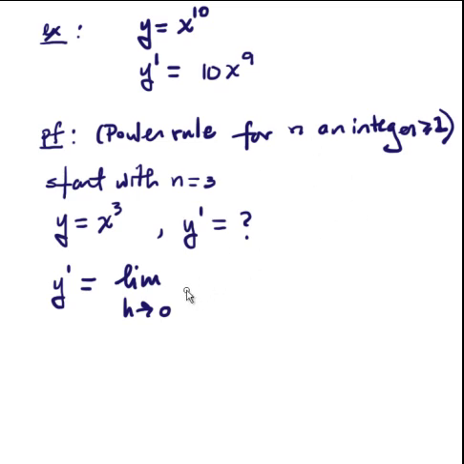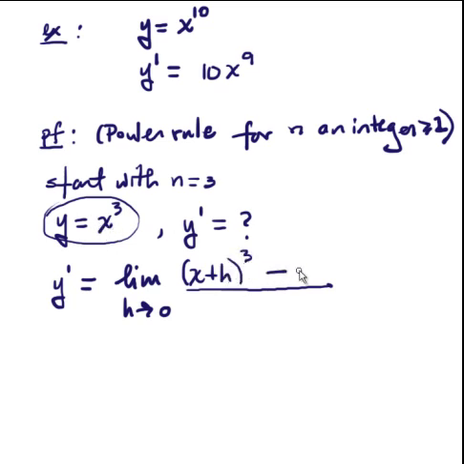That's all we have, the limit definition. So we substitute x plus h into our function, so we have x plus h cubed minus our function. Okay, so that's the limit definition.